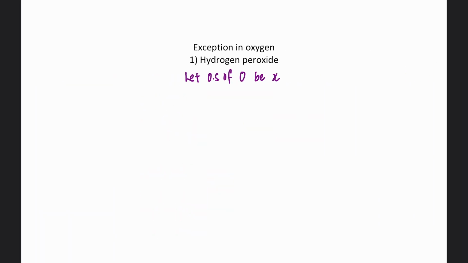Next, I'll be going through the oxidation state of oxygen in hydrogen peroxide. The same thing, we'll let the oxidation state of oxygen be x. By default, the oxidation state of H is +1, followed by 2x, because there are 2 oxygen atoms, which is equal to 0, as it is neutral, or 0 charge.